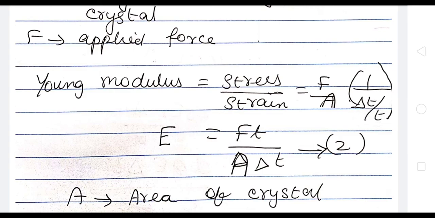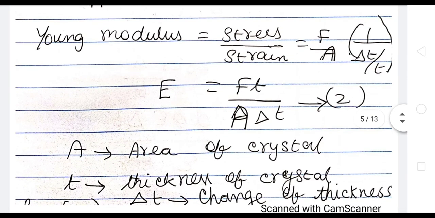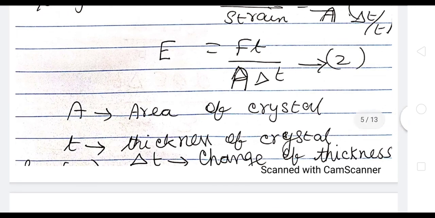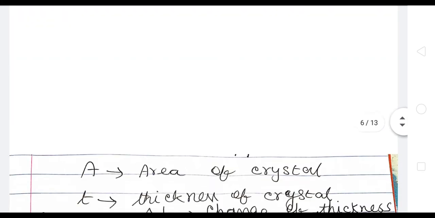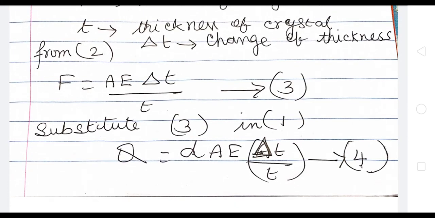The Young's modulus is given by stress by strain. The formula for stress is force by area, and strain is given by del T by T, that is change of dimension by T. So force by area divided by del T by T. Now the Young's modulus E is given as F into T by A into del T. Here A is the area of the crystal, T is the thickness of the crystal, del T is the change of thickness and F is the mechanical force applied to the crystal.